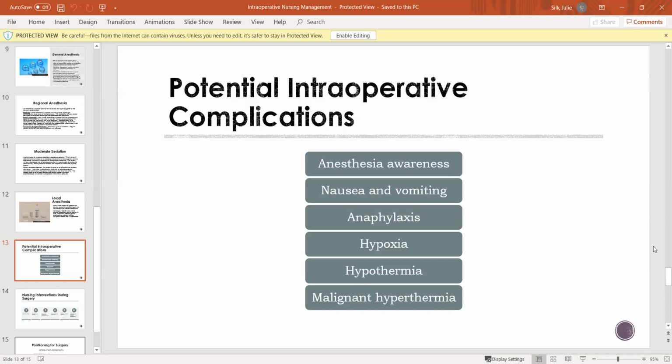So who else do you think would be at a real risk for hypothermia other than just a regular patient? Older adults. Yes. And why would that be? They don't have as much skin, it's thinner than most. Yeah, like the adipose tissue.